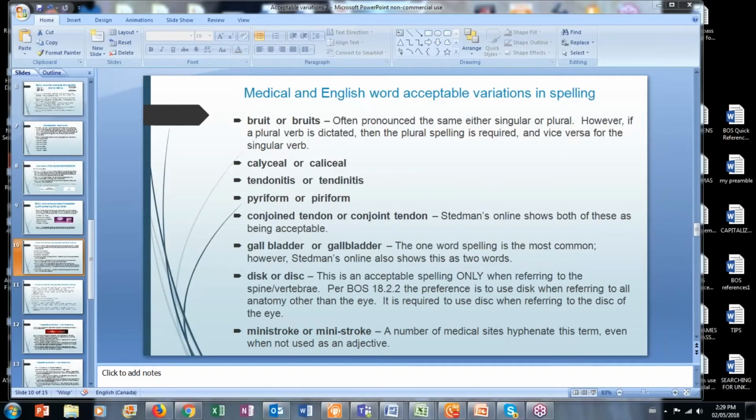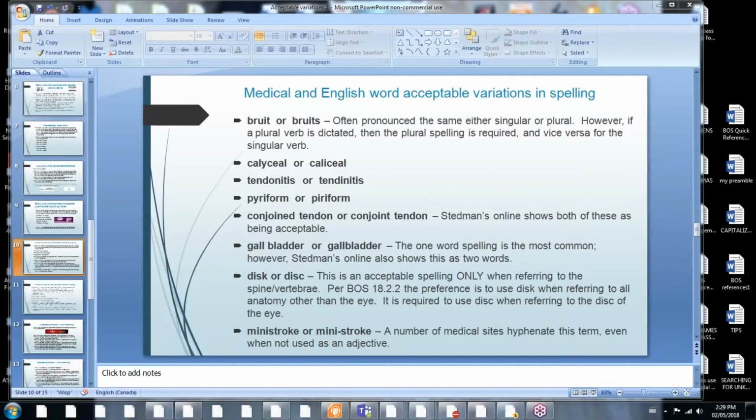Per BOSS 18.2.2. The preference is to use disk when referring to all anatomy other than the eye. So if they're referring to the disc in the eye, always use DISC, okay?